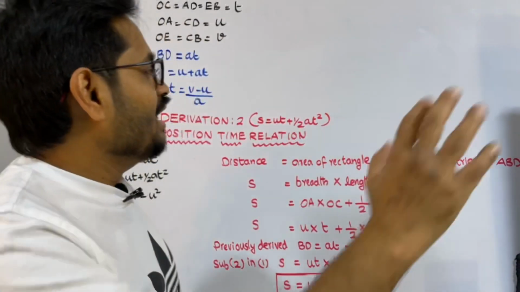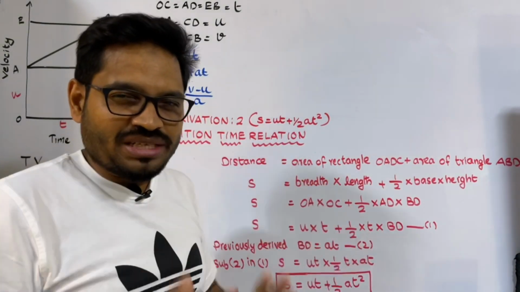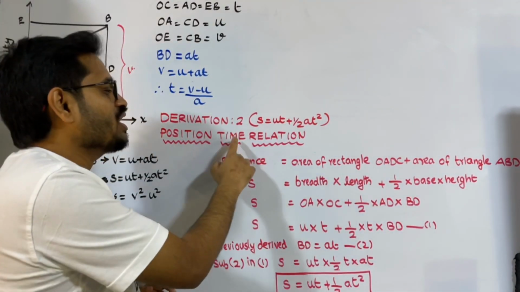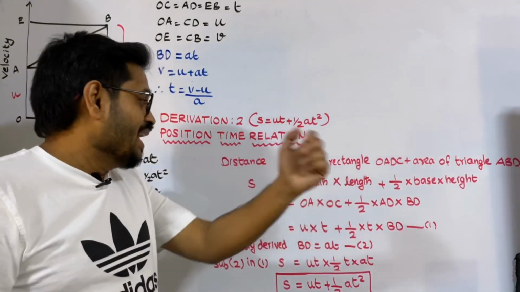Now let us write our heading, derivation number 2, s equal to ut plus half at square, position time relation. PT stands for position time relation.